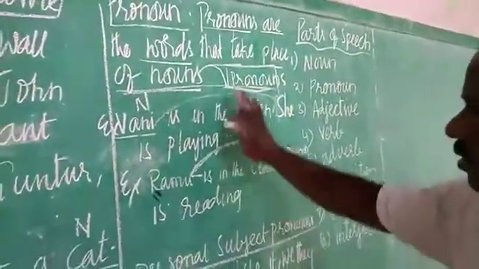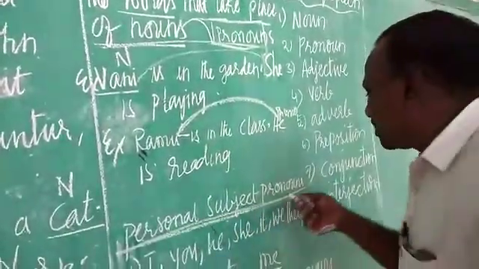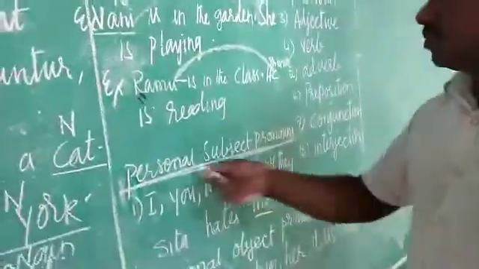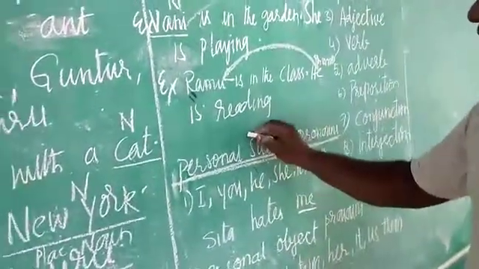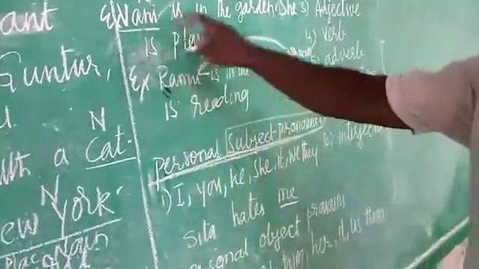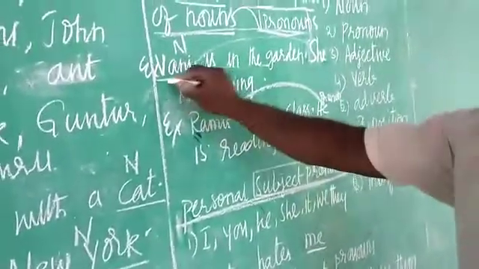So here, children, when you talk about pronouns, you have personal subject pronouns. Personal subject pronouns means the pronouns which we are using as a subject. Here, Vani is in the garden. Vani is the subject.